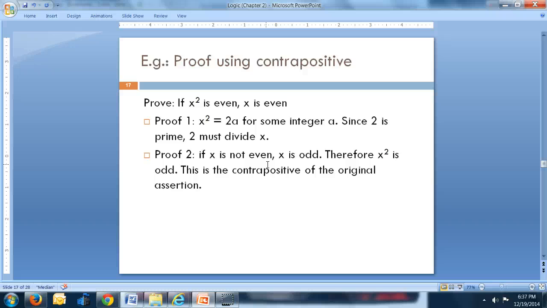For any a, 2a is an even number. Since 2 is a prime, 2 must divide x. Now the proof number 2: if x is not even, then x is odd. Therefore x squared has to be odd, because the square of an odd number is always an odd number. This is the contrapositive of the original assertion.